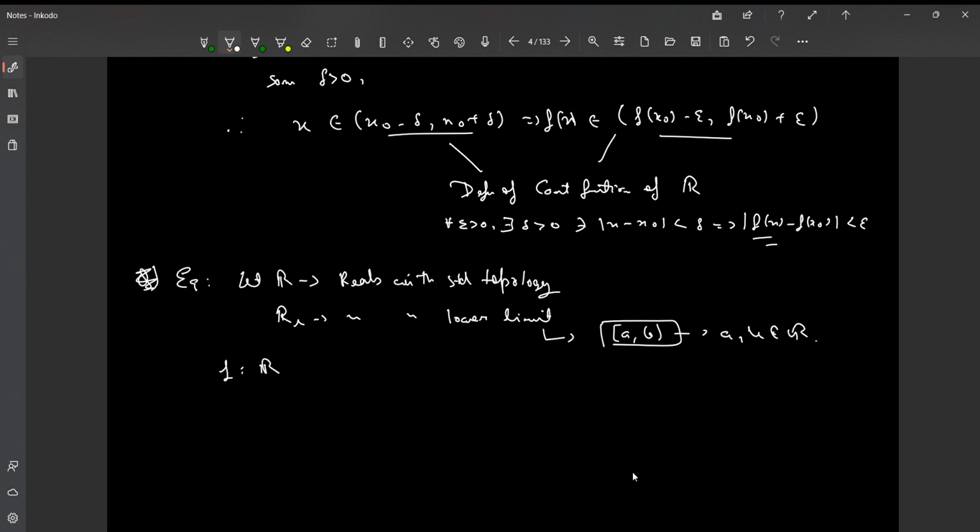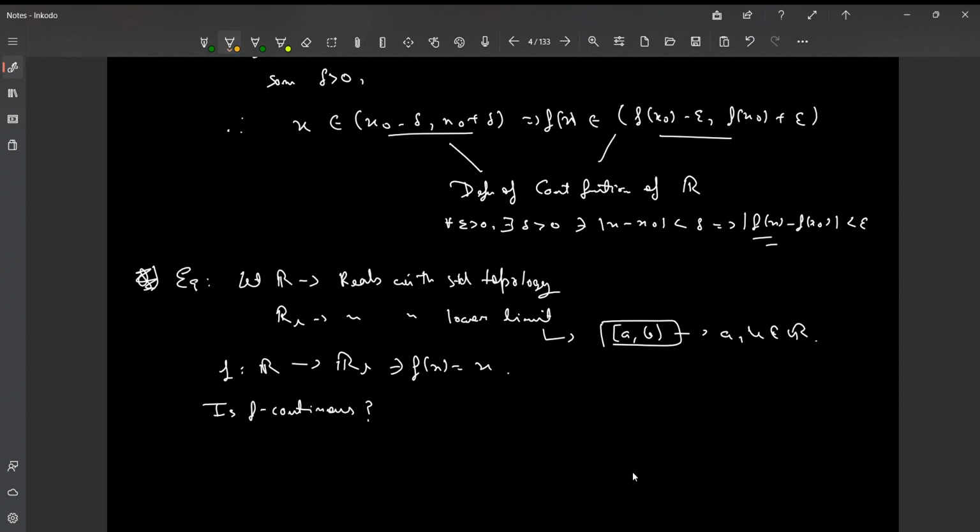So if I consider a mapping F from R to R_L, let's say, and let F be the identity mapping, F of x equals x. Right? Is F continuous?